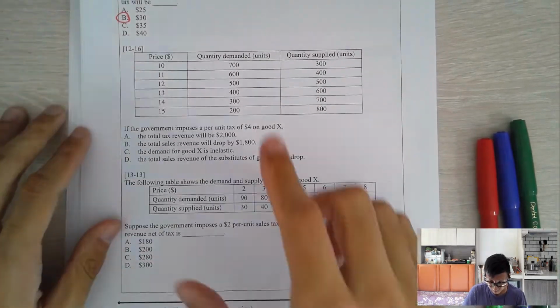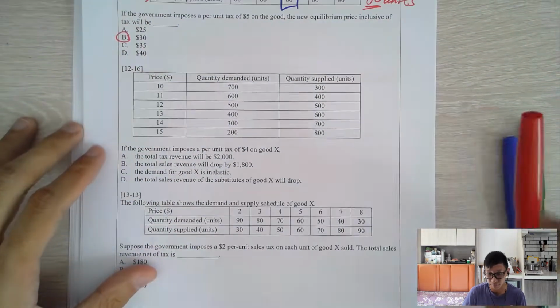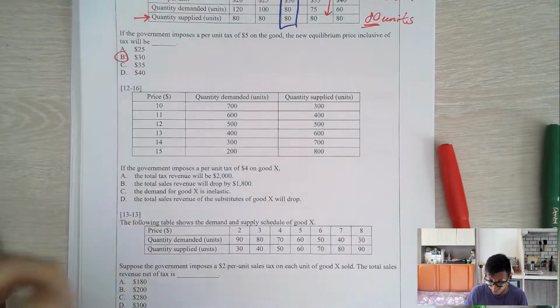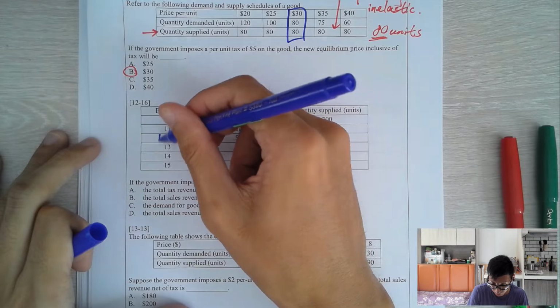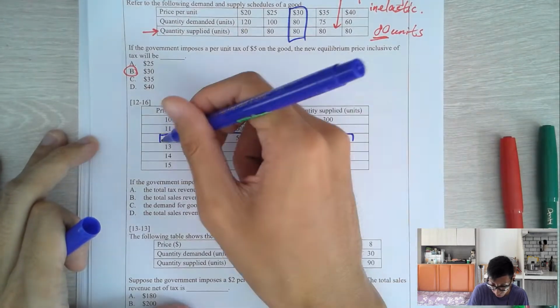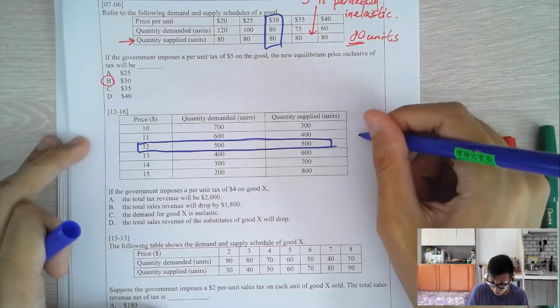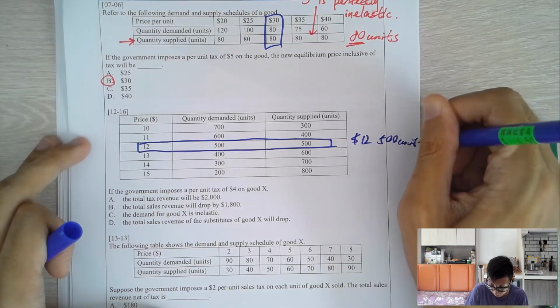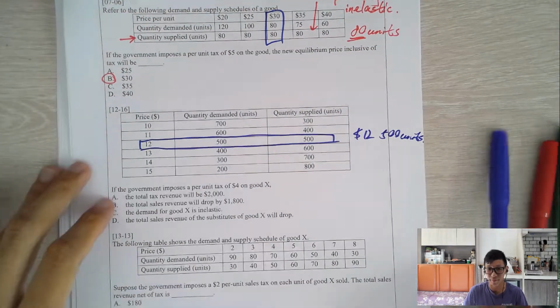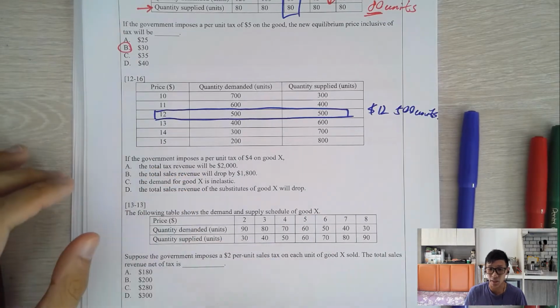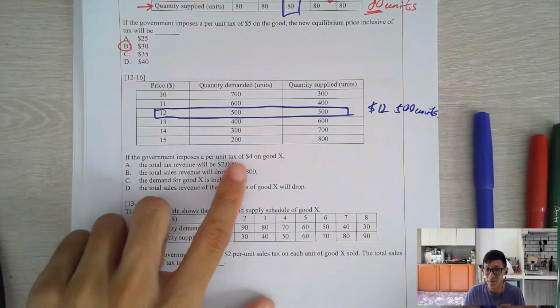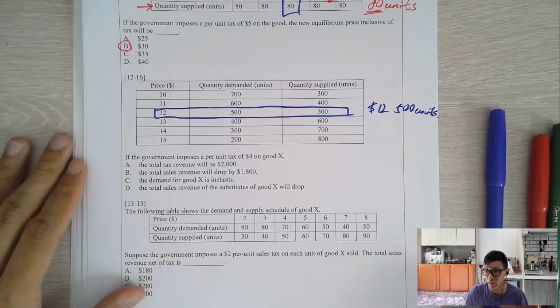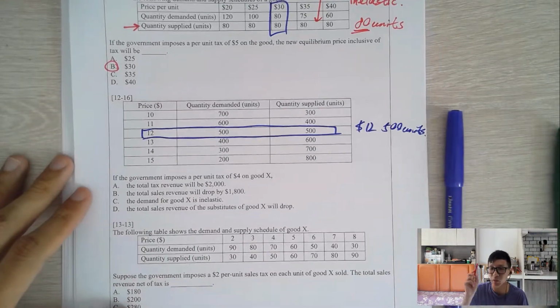Okay, final two questions here, as usual. Remember, mark down the original: $12, 500 units. Now the government imposes a per unit tax of $4 on good eggs. So let's try to change it.